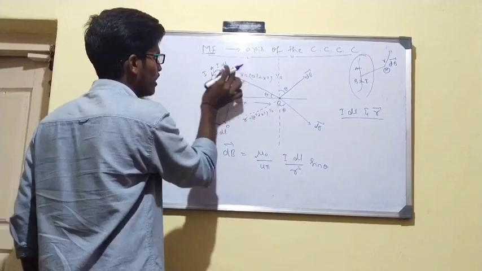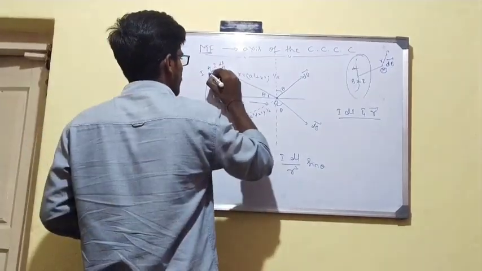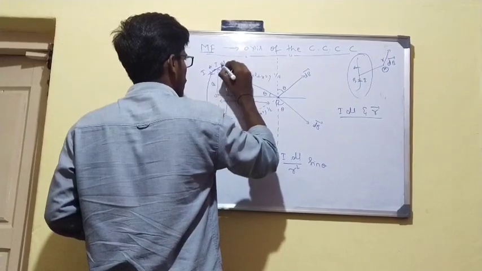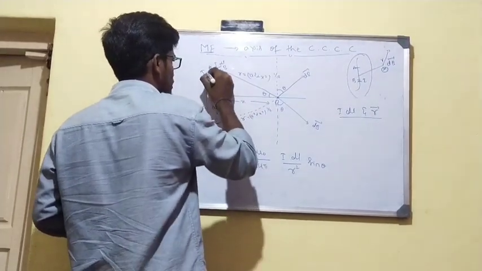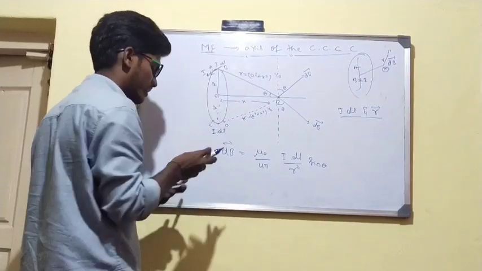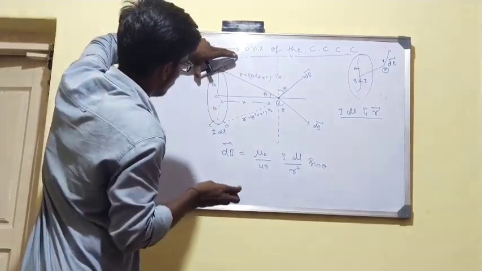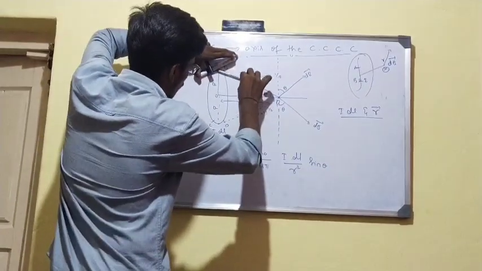This is R and this is Idl. The direction of Idl is the tangent drawn to the current element, and this arrow mark represents the direction of dl.